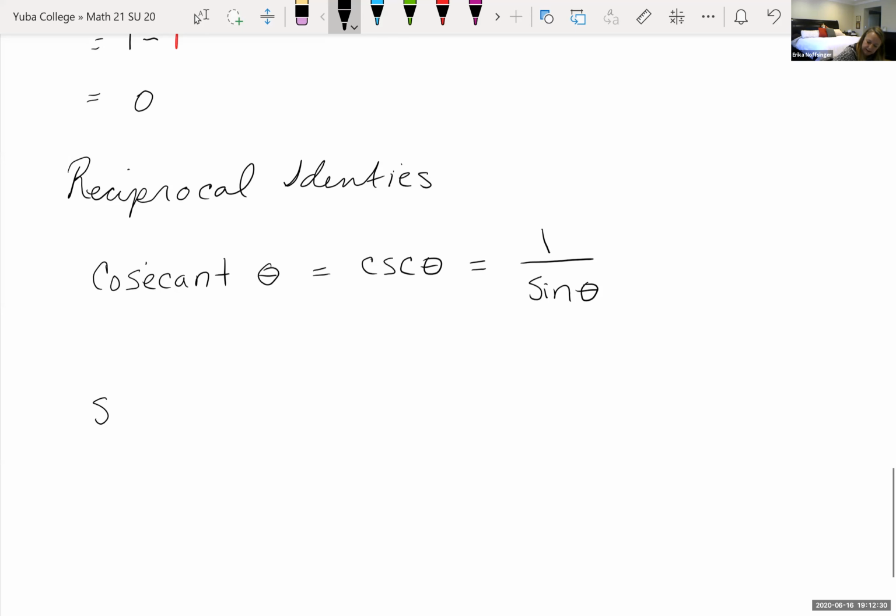Secant theta. The shorthand is S-E-C, and then your theta. This is the same thing as 1 over cosine of theta.